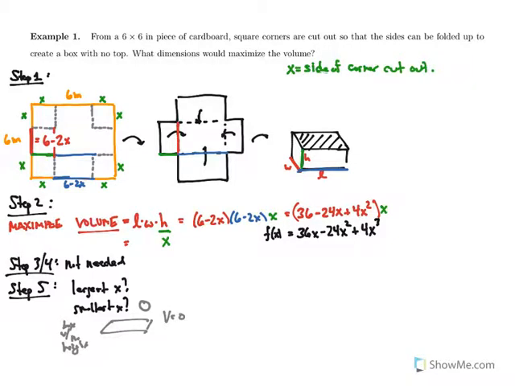And the largest value x could be is where 6 minus 2 times x is equal to 0, or when x is equal to 3. We cut out 3 from each side. And again, we're going to have the volume be 0 in that case, as we're not going to have length or width. So our domain here is going to be 0 to 3. And just like we did in the previous video, we're going to include 0 and 3 so that we can use the nice theorem that we have.